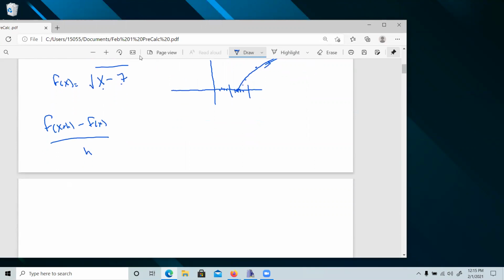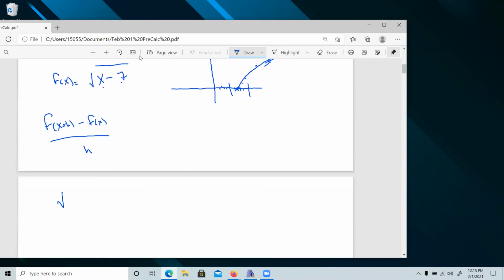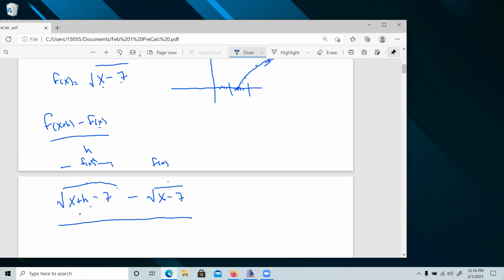So we have the square root of x plus h minus 7, because everywhere I see an x, we put in an x plus h. That's my f of x plus h, minus the square root of x minus 7, and this is my f of x. So f of x plus h minus f of x, all over h.